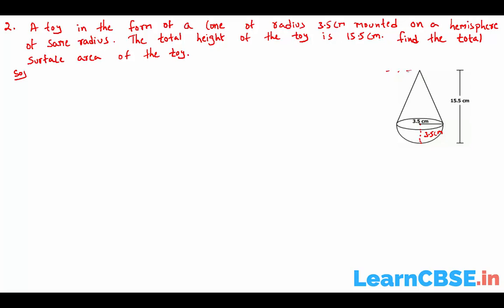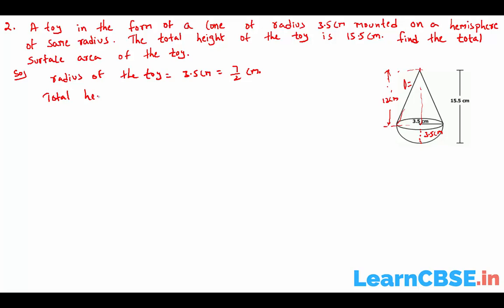Now if you want to get the height of the conical portion, 15.5 minus 3.5, that means it is 12 centimeters. Now for the slant height L, we have to apply the formula of the right angle triangle, Pythagoras theorem. Now let me write the radius of the toy equals 3.5 centimeters, that is 7 by 2 centimeters.